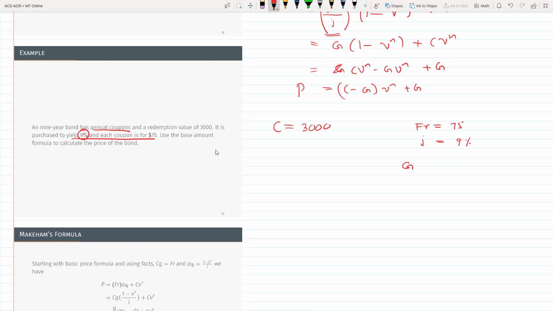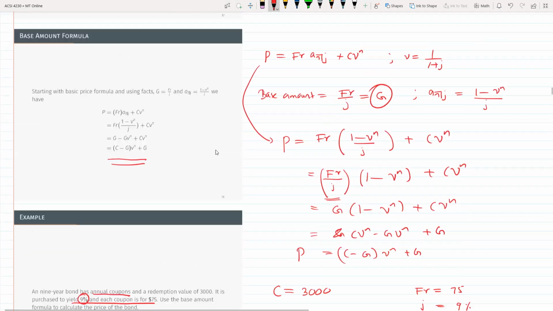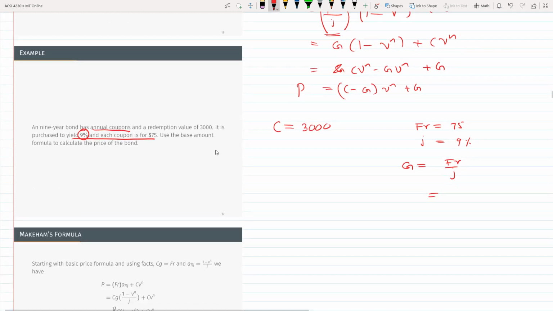So I can calculate the base amount. G is what? FR over J, which is 75 over 0.09. That would give you, let's calculate, 833.33.